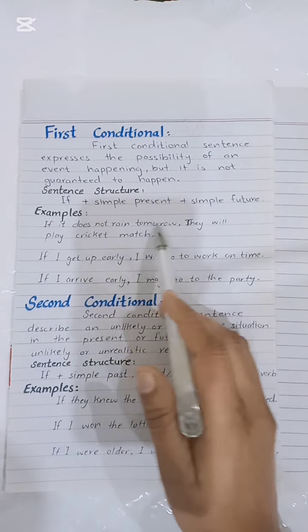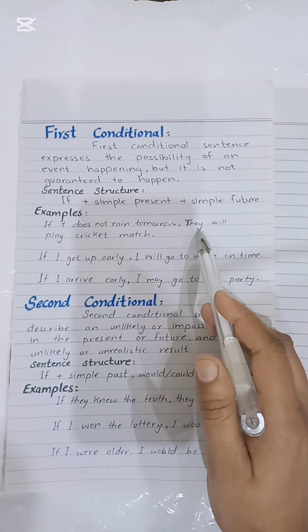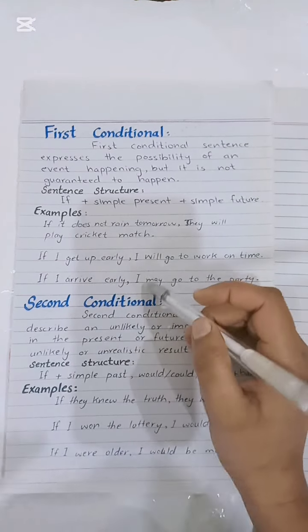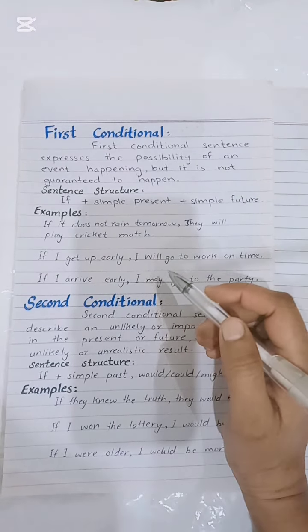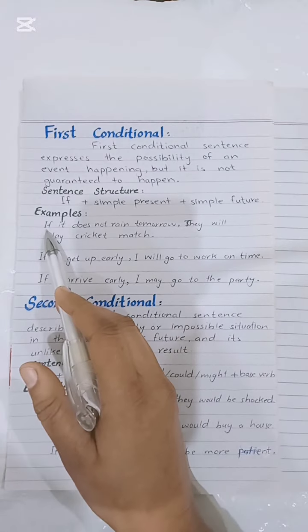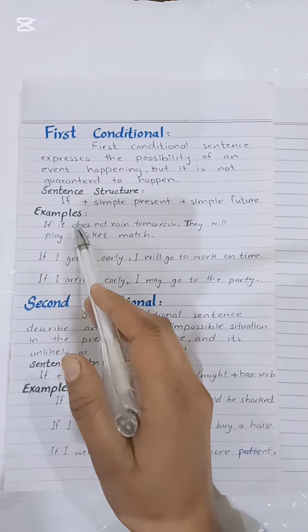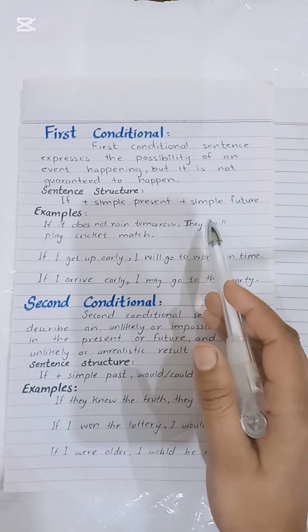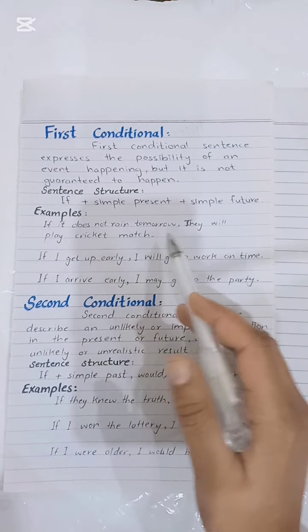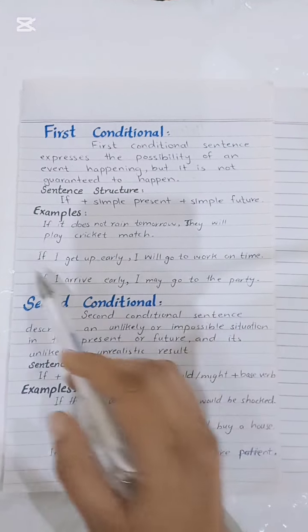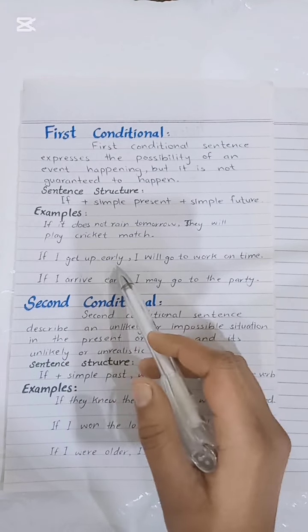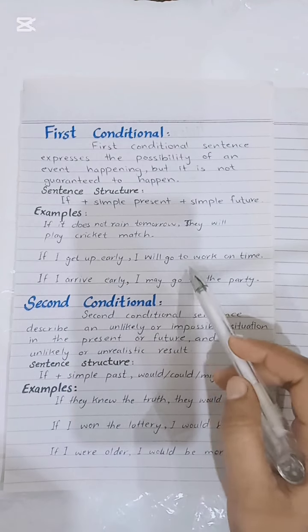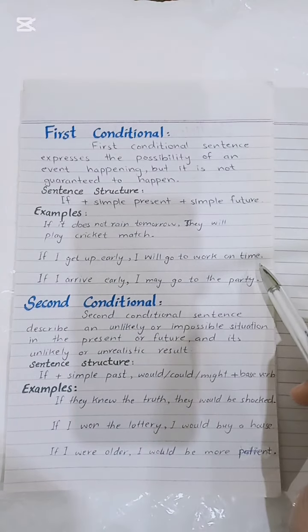If it does not rain tomorrow, they will play the cricket match. Here you can see that I used if at the start of the sentence. This clause is simple present and the second clause is simple future. If I get up early, I will go to work on time.